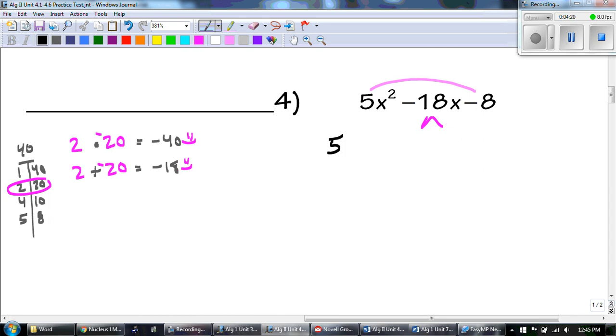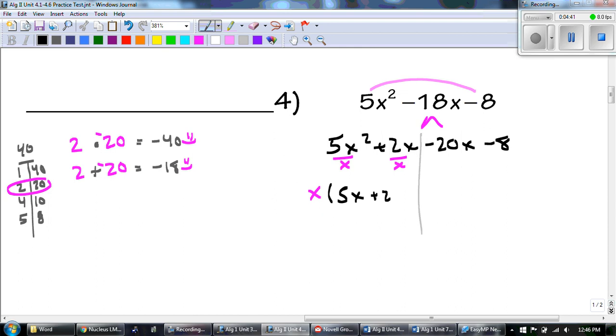So then we're going to split the middle term. 5x squared plus 2x minus 20x minus 8. And then just factor. So we can take out an x out of the first group. And then we're left with 5x plus 2.